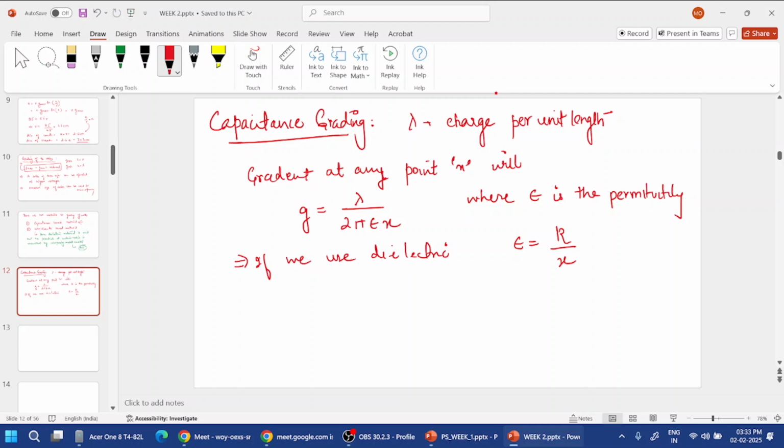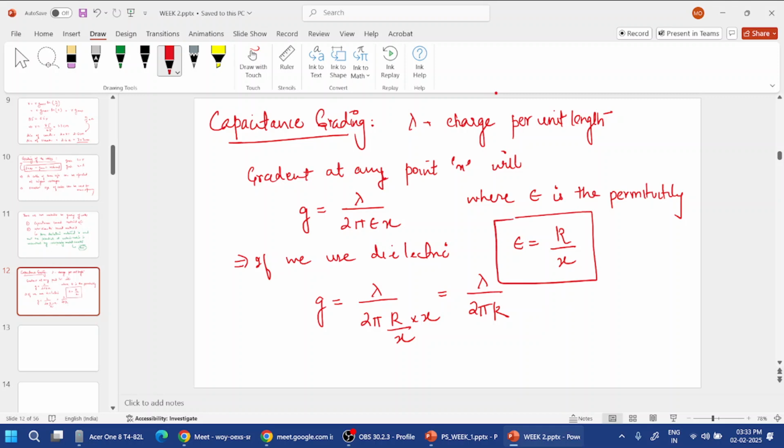Then g is equal to lambda upon 2 pi epsilon, with epsilon equal to k by x, into x, which is equal to lambda upon 2 pi k. How can we explain this?